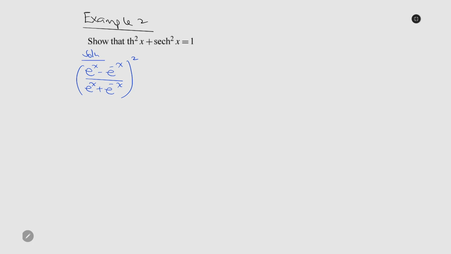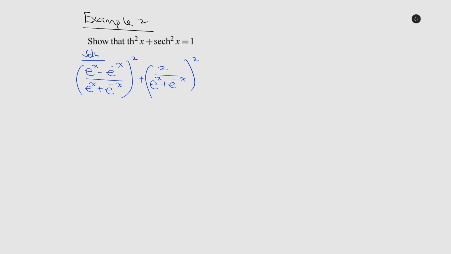So this is tan squared x, plus sec. We know that sec is the reciprocal of cos. So this will be 2 over exponential x plus exponential negative x, squared. This is the side we want to work with to see if we will get 1.